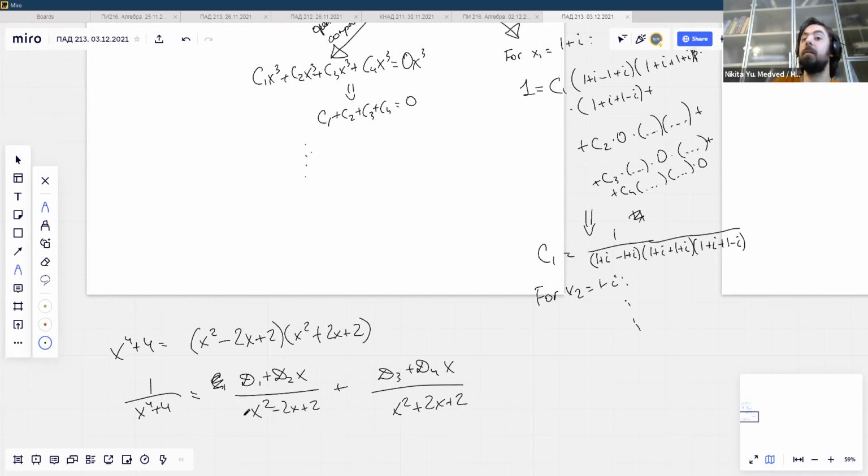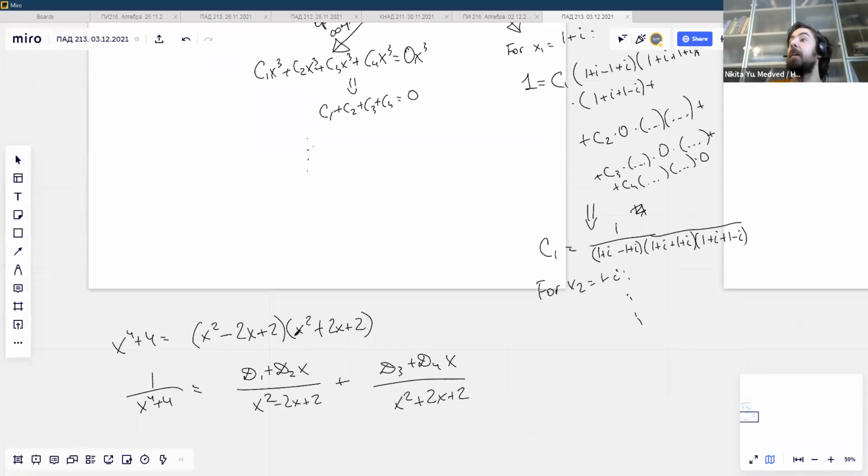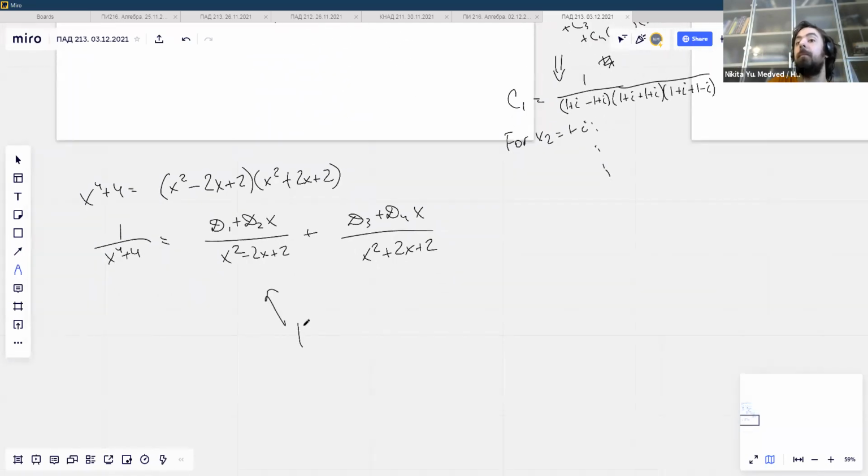Everything here is real. So the idea is that over real numbers, sometimes you can't split a quadratic polynomial into two brackets. So such things are also called primitive fractions over R.